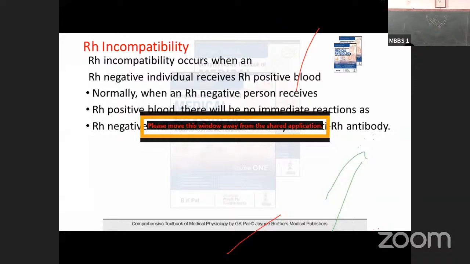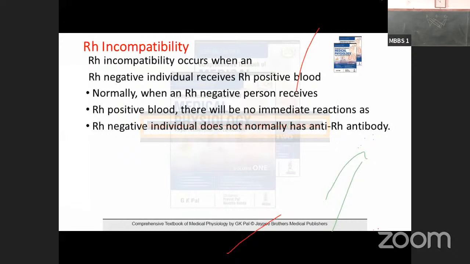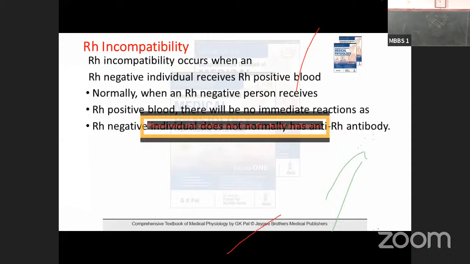When will the antibodies be formed in the Rh negative person? The first time you transfuse Rh positive blood, nothing will happen, because it takes time for the formation of the antibody. It is not an immediate reaction. ABO mismatch is an immediate reaction.